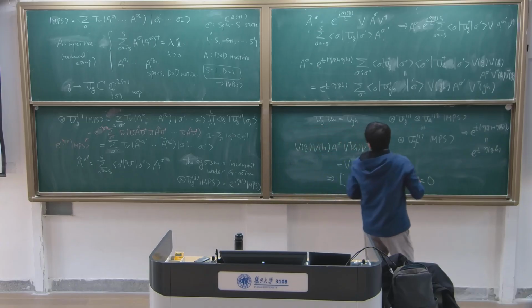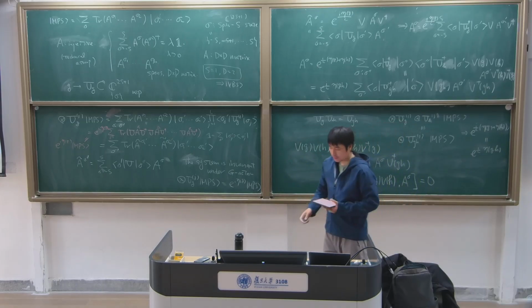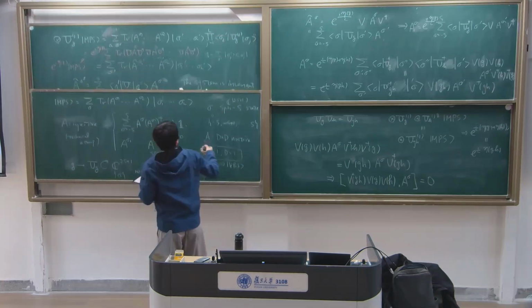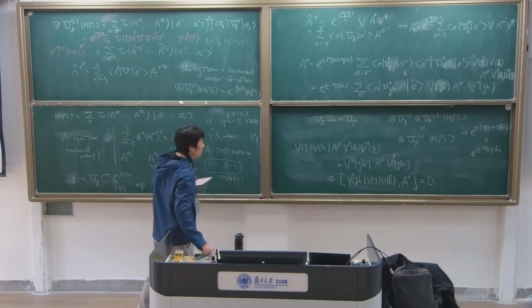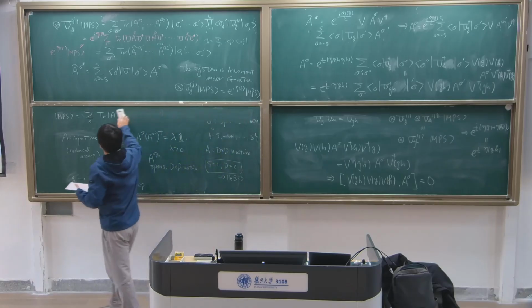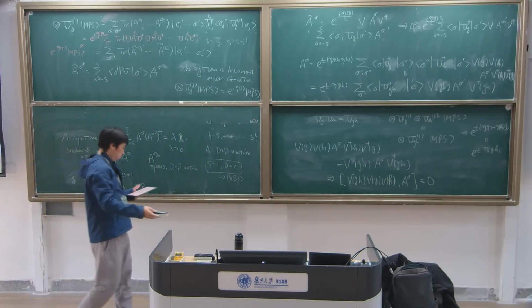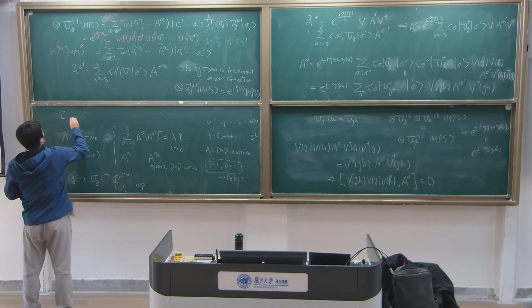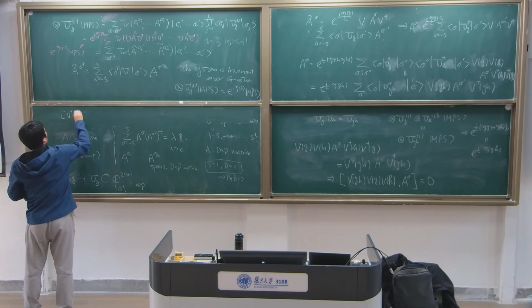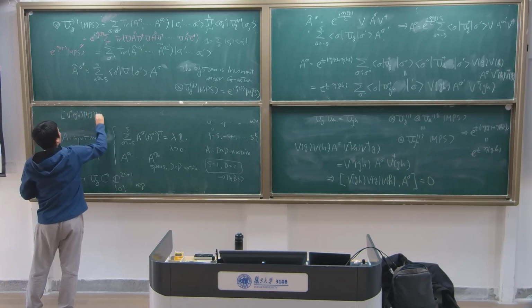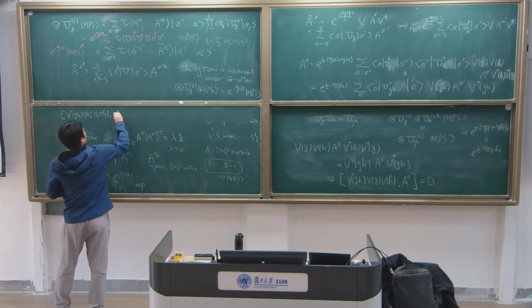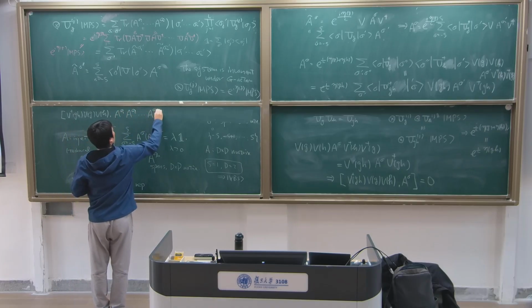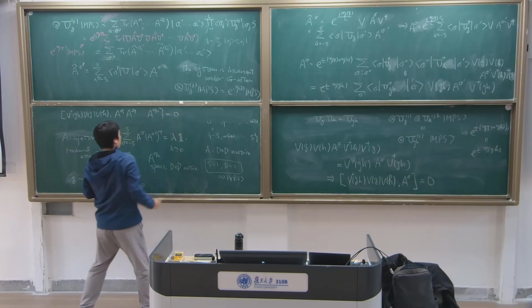So if you multiply this B dagger G H, B G, and B H, so it should be also zero.